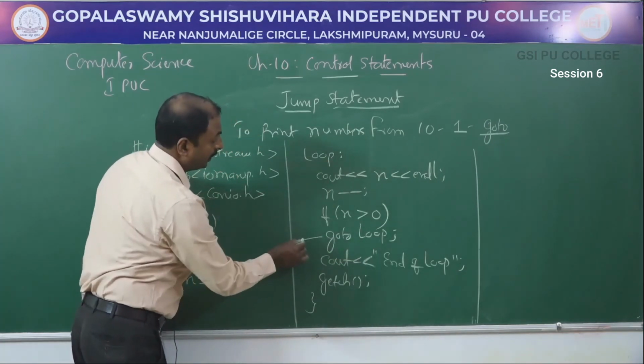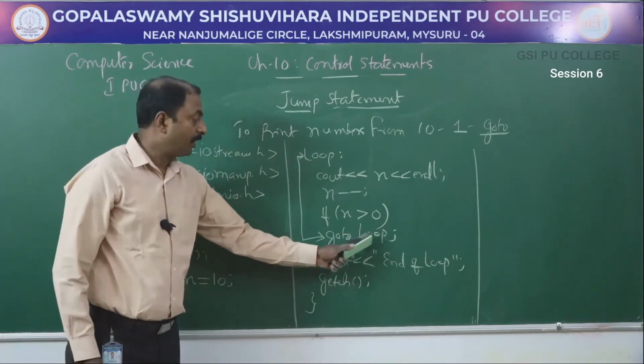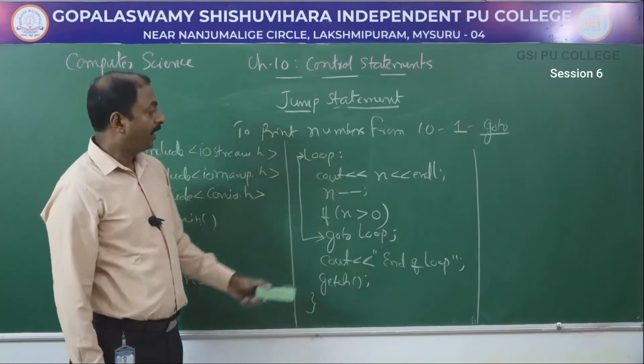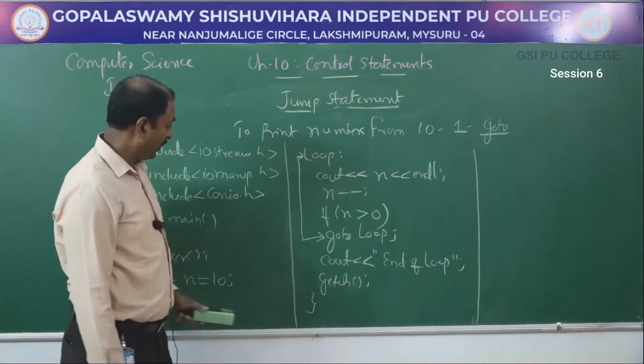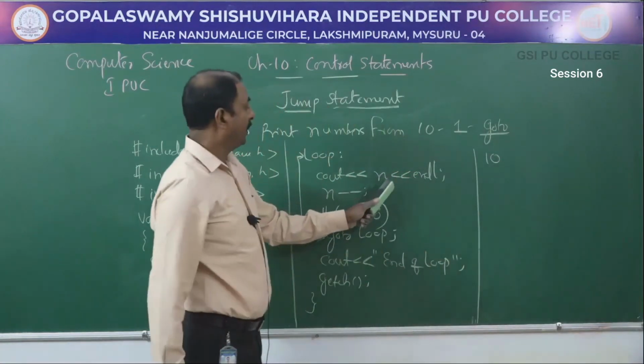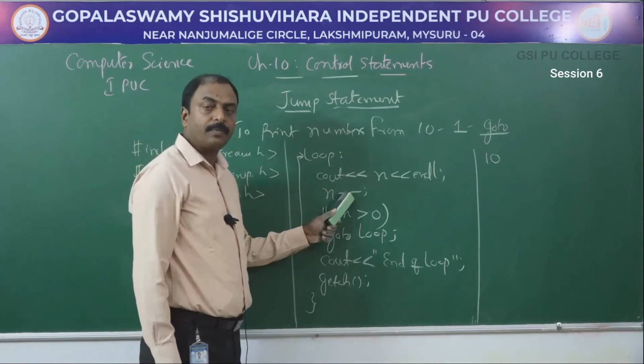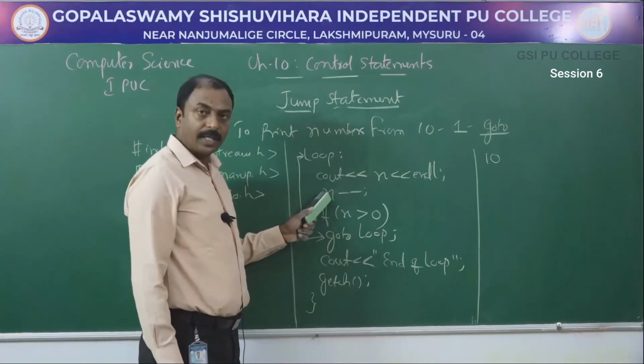The control transfers from here to this point, and accordingly the first time, when the value is 10, it is going to print 10 as a number. Then, because of n--, the value 10 is decremented by 1 and becomes 9.